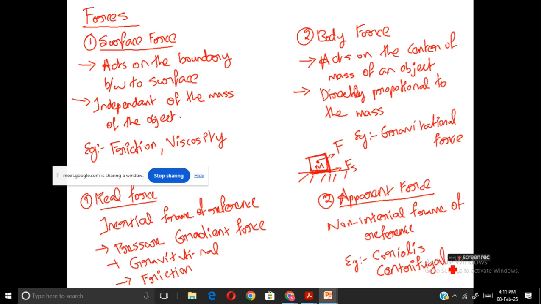Yeah, so those are the different classifications of forces. Now let's see the different types of forces that are involved. So the first one is the pressure gradient force.